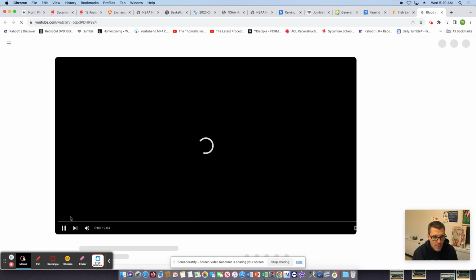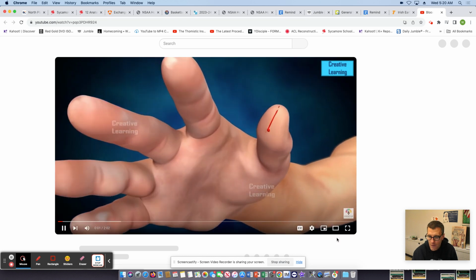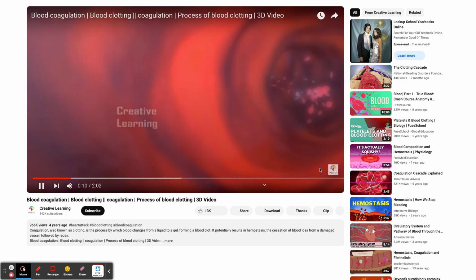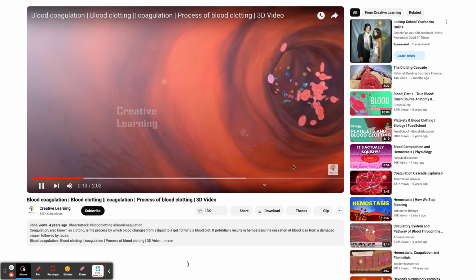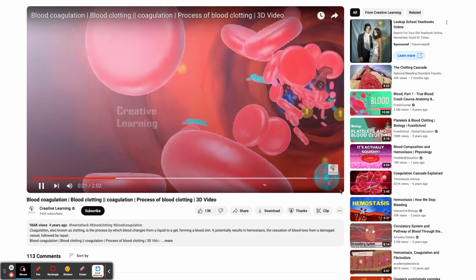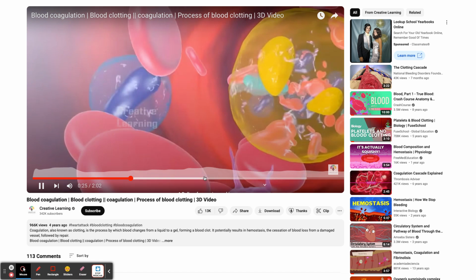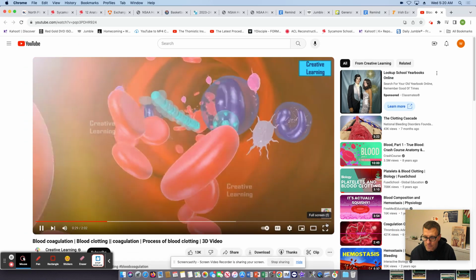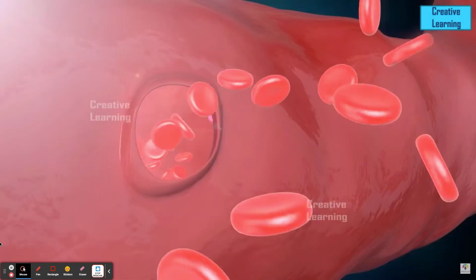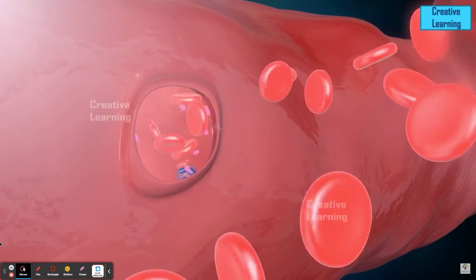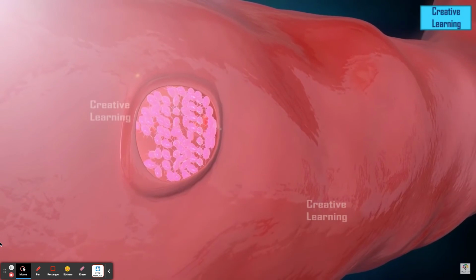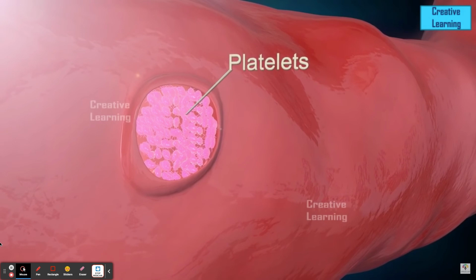Sometimes they're... it's the platelet plug.